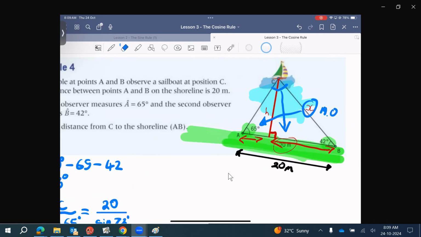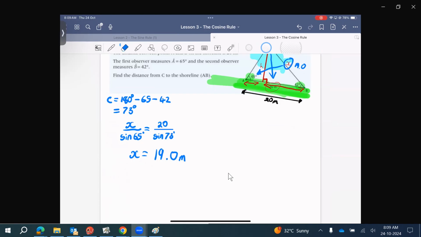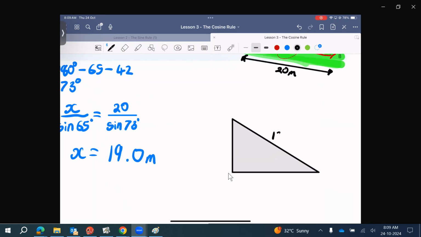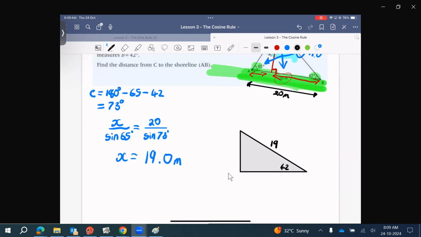So how do we get h? SOHCAHTOA. I'll just do a little sketch of the problem because that one's getting a bit messy up there. So we have this as our triangle. We have this as 19. We have this as 42. And this is our h.